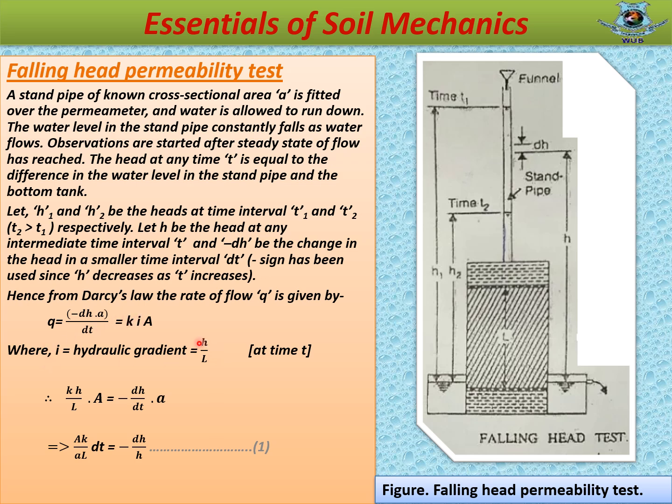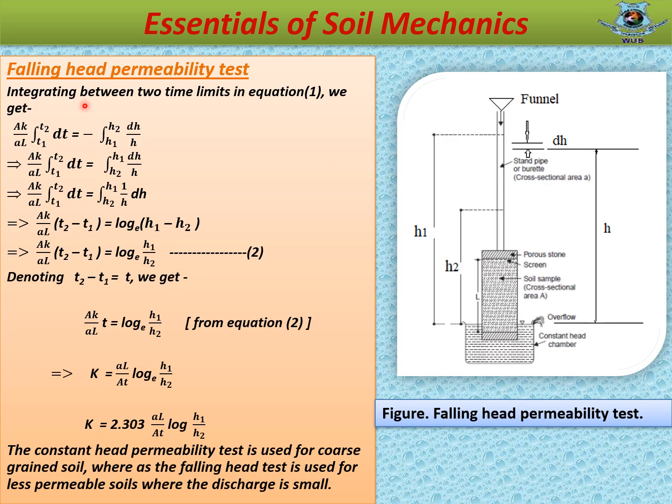Replacing i equal to H by L, we can write K H by L into A equal to minus dH by dt into A. After rearranging, we can write AK by AL into dt equal to minus dH by H. Integrating between two time limits t1 and t2, we get AK by AL integration t1 to t2 dt equal to minus integration h1 to h2 dH by H. Here the upper and lower time limits are t2 and t1, and the head differences are h2 and h1.